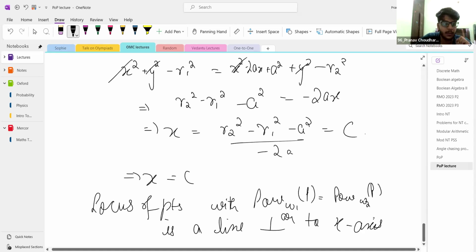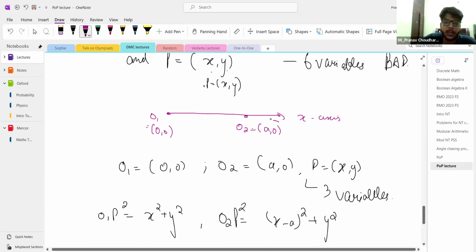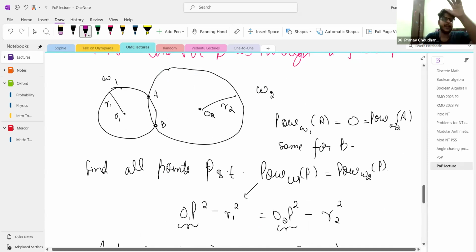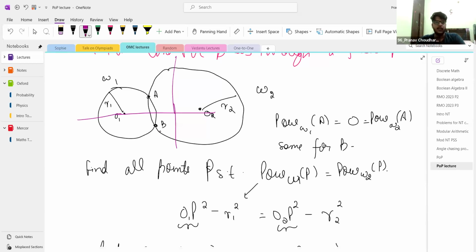Another reason why this picking of coordinates was nice is that once I get x equals c, I know it's a line perpendicular to the x-axis, and I also know what the x-axis is. It's the line joining the two centers. Even if I rotate back and translate, this line where the powers are equal will still be perpendicular to the line joining the centers, something like this. So this is why picking the coordinates nicely is an essential skill.